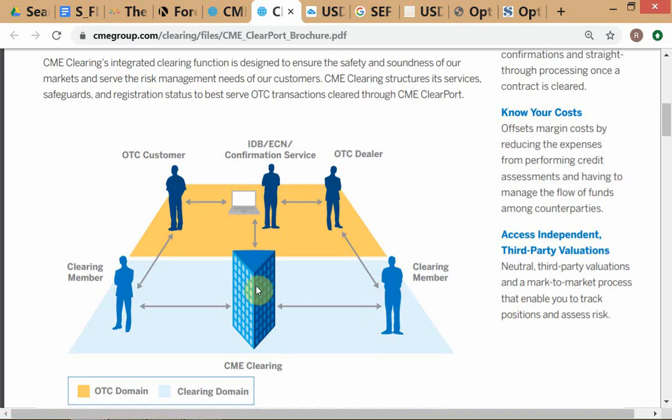We're going to call the CME clearinghouse CME. So now Sydney is buying $10 million against the yen at 109.30 from CME. Okay. Now in turn CME is buying $10 million against the yen at 109.30 from LA. Is this clear?